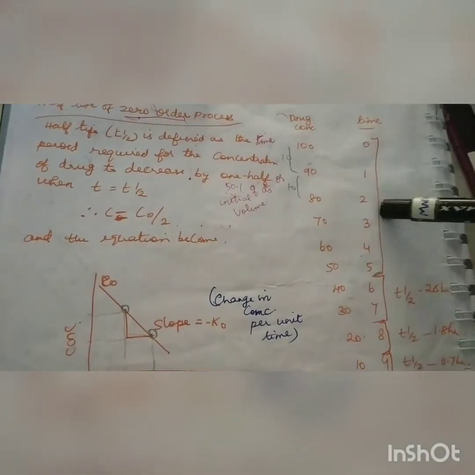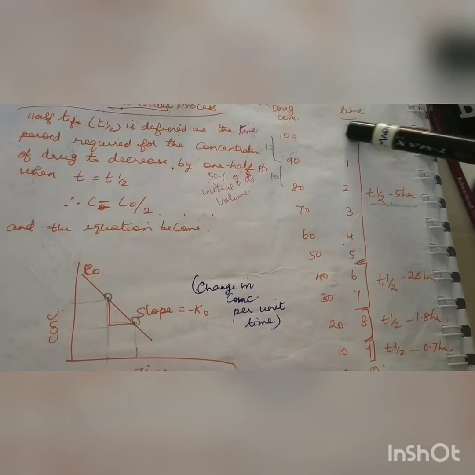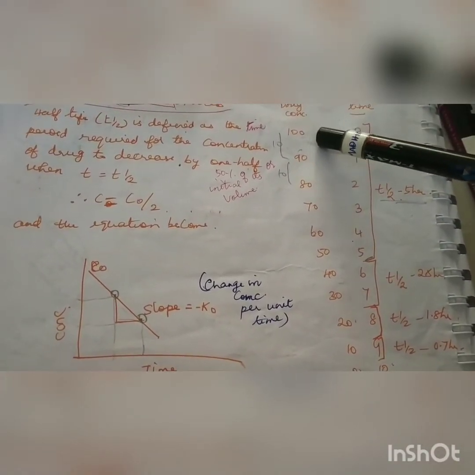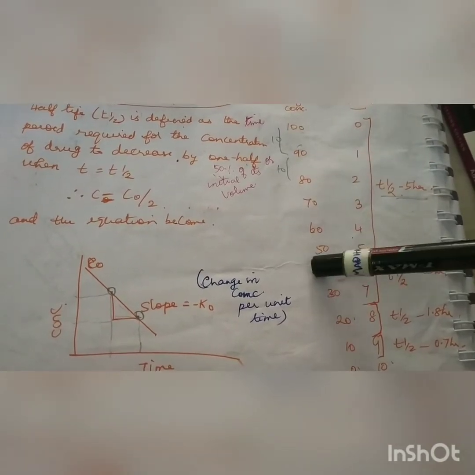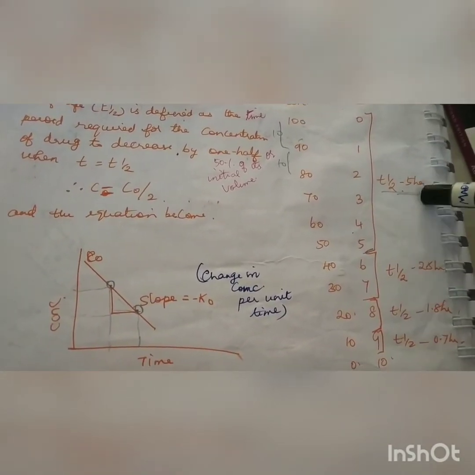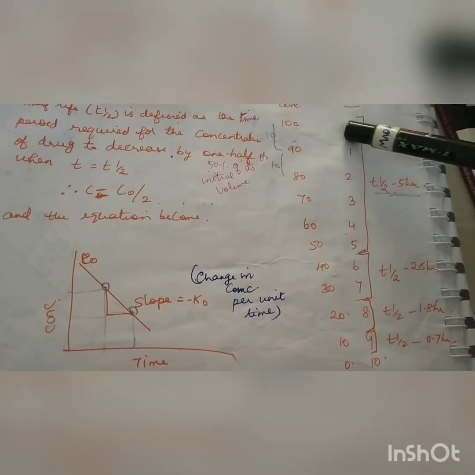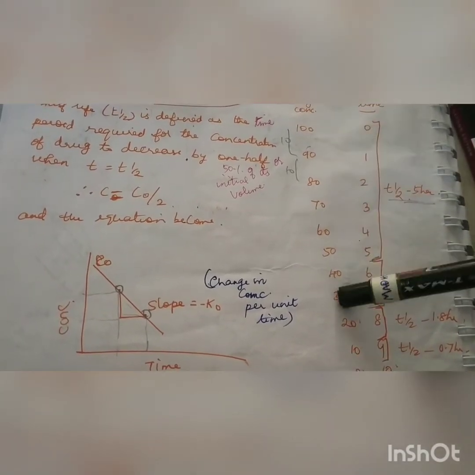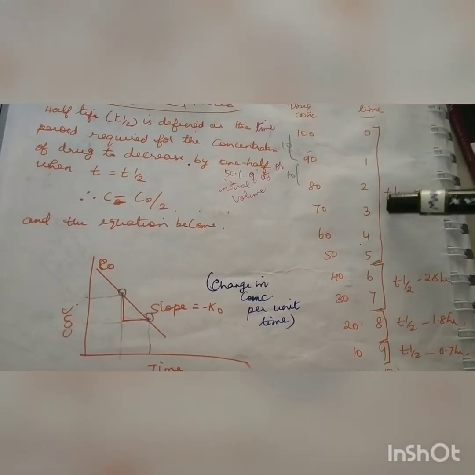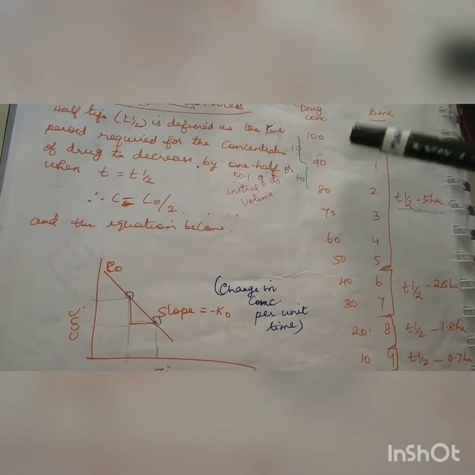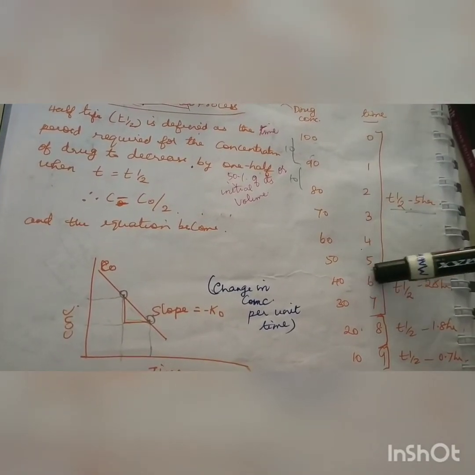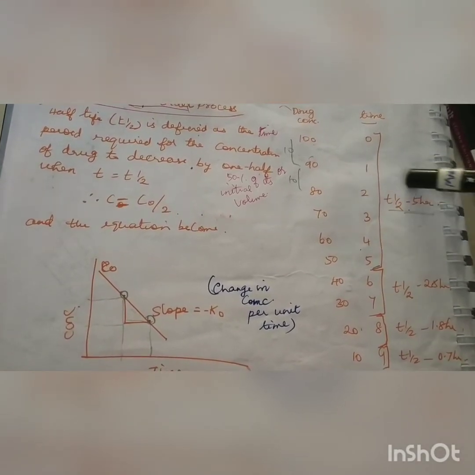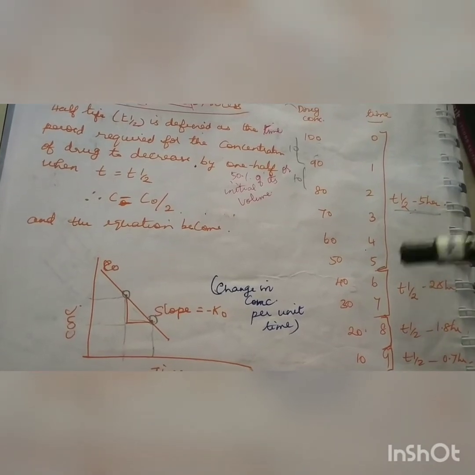When we start, the time is T. So when the 100 milligram becomes 50 milligram, the time is 5 hours. We say this is the half-life: the time taken for the concentration of the drug to become half of its original concentration. We call that 5 hours the half-life.